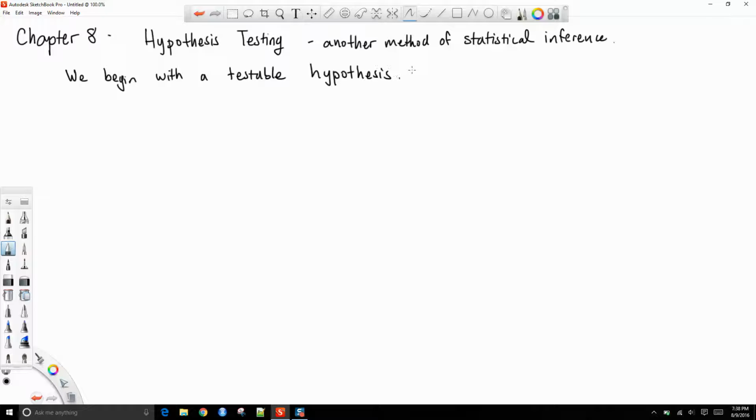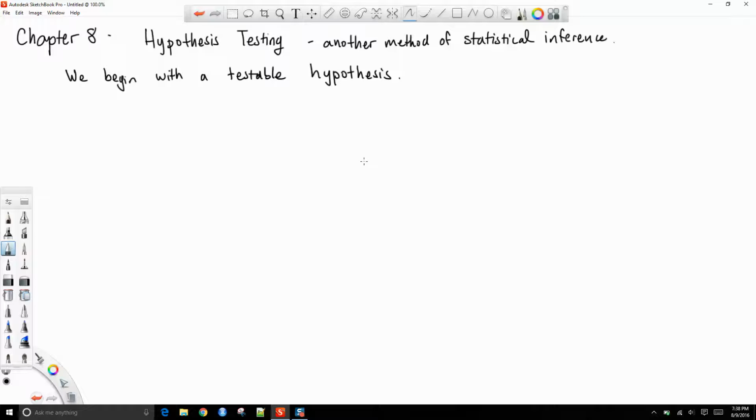Okay, we begin with a testable, I don't know if that's a real word, but a hypothesis that we can test. And what we mean by that is it's kind of a belief, and it's a belief that can be disproven, okay? So it's a very specific notion.